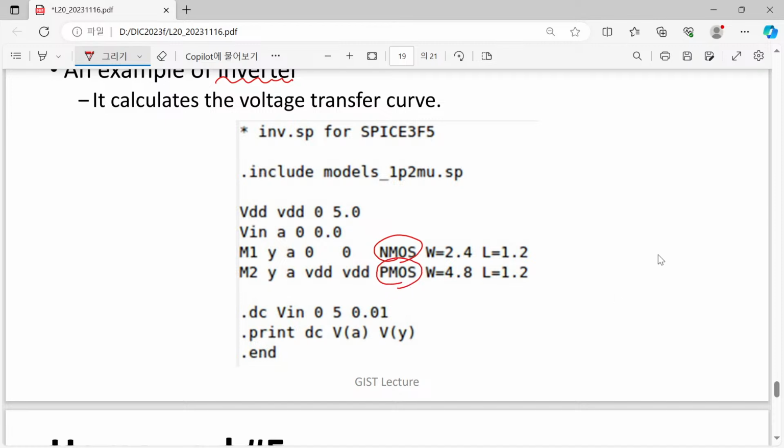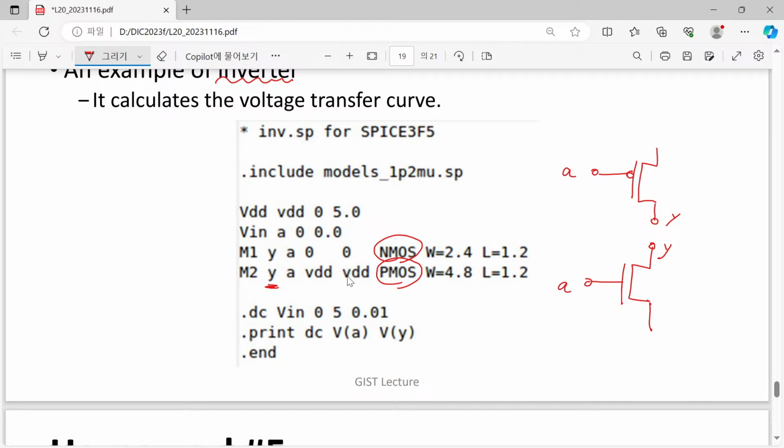So here we have the M1 MOSFET, and here we have the M2 MOSFET, which is a P MOSFET, and its drain is connected to the Y node, and their gate voltage is connected to the A node.